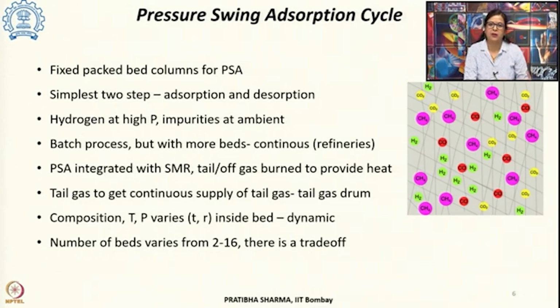We can achieve better recovery by adding more beds, but at the same time it adds to the capital expenditure, operational expenditure and energy requirements. So, that needs to be decided on the basis of economics, the amount of hydrogen that can be further recovered and the cost associated with that hydrogen. So, there is a trade off on the basis of which we can decide.